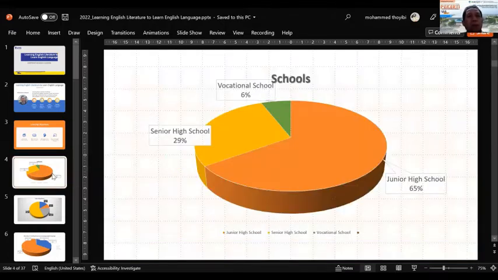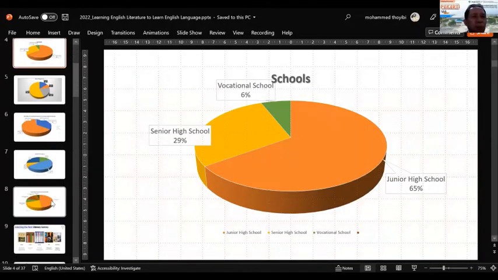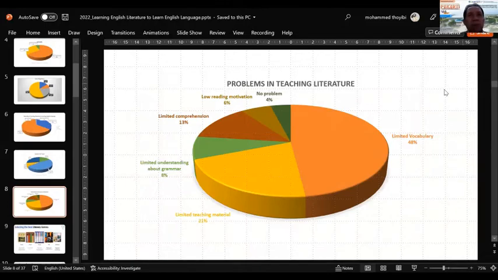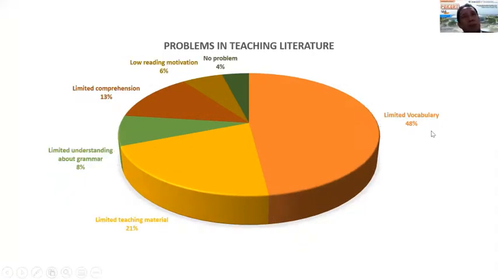Among the problems faced by teachers in teaching English literature, mostly students have limited vocabulary, 48%, and then limited teaching material. That means limited resources available that can be used by teachers in teaching literature.